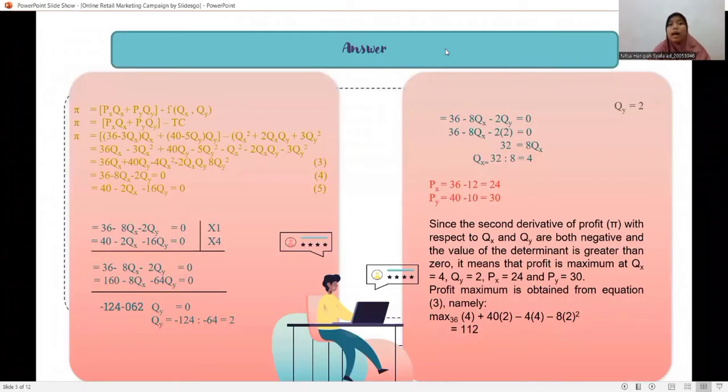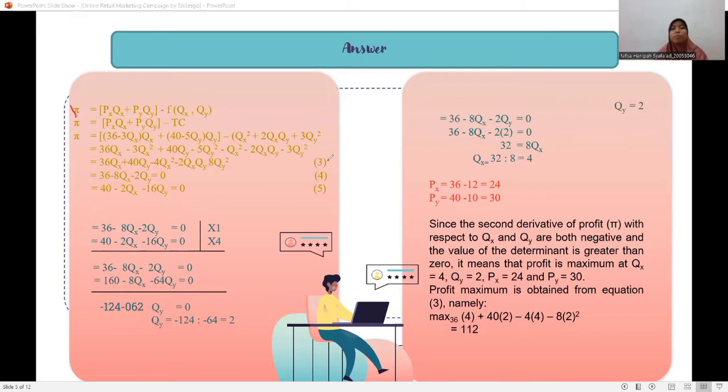Answer. We put the formula here. This is profit equals Px Qx plus Py Qy minus TC(Qx, Qy). We put the question here: (36 minus 3Qx) Qx plus (40 minus 5Qy) Qy.